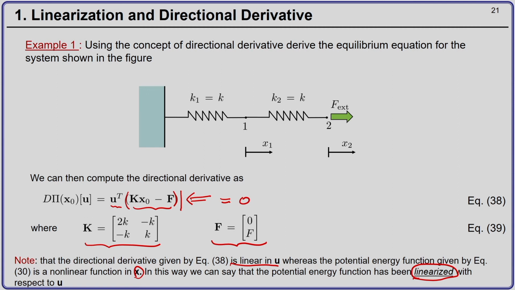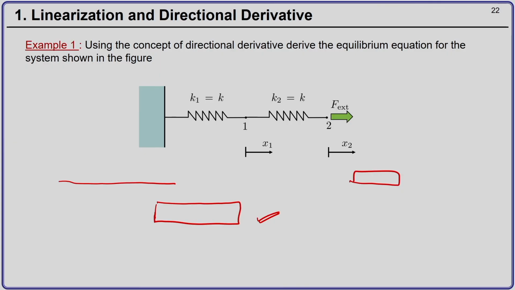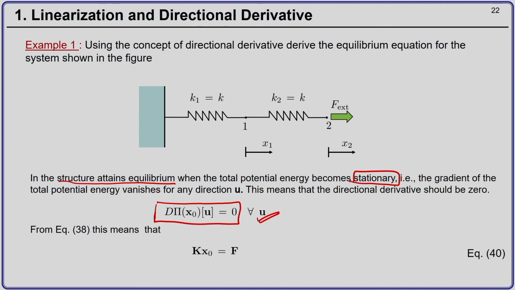So, now if you see equation number 38 and substitute this equal to 0, what do you see? u is an arbitrary direction, it was up to us. So, u transpose (k x 0 minus f) has to be equal to 0. What does it mean? That k x 0 should be equal to f, and this is your equilibrium equation.